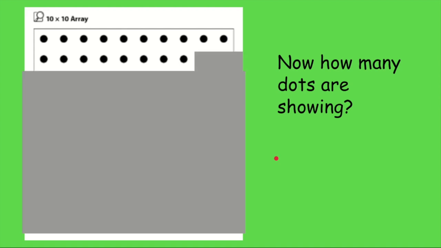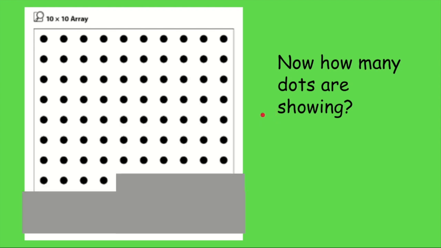Now how many dots are showing? I have my 10 and 8. Do you remember 10 added to a number? I get 18. Good job. Now how many dots are showing?